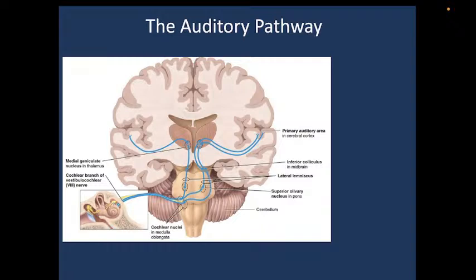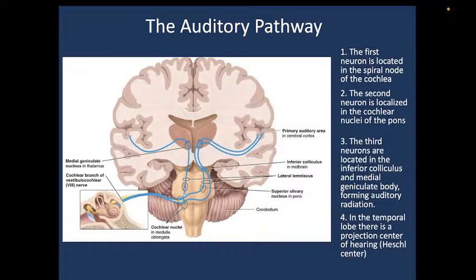This shows us the auditory pathway, how we get sensory information from the cochlea and how we hear. Right now, I hope you are hearing me, and the auditory pathway helps you to understand what I'm saying. And this is the pathway. It starts from the cochlear nuclei.